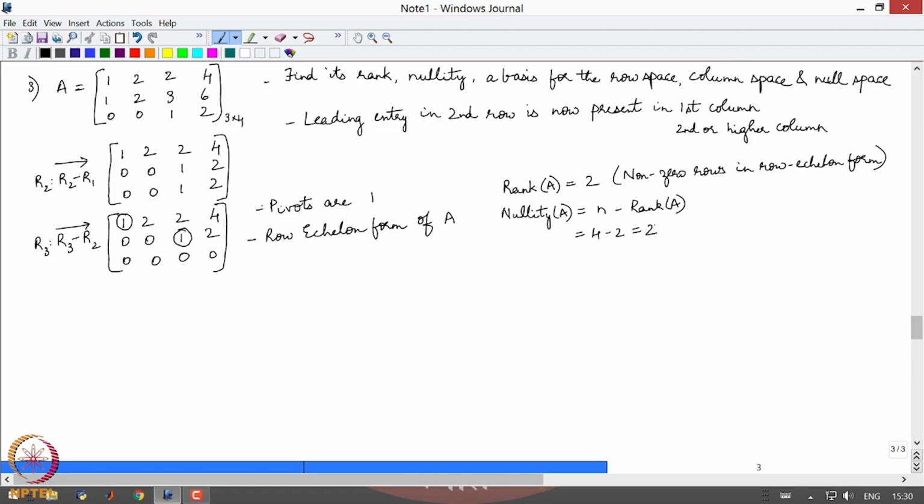So, now how do we get a basis for the row space? The basis for the row space is very easy to find out from the row echelon form. It is just given by the span of the non-zero rows in the row echelon form. Or I would not say span, I will just say the basis are the non-zero rows in the row echelon form.